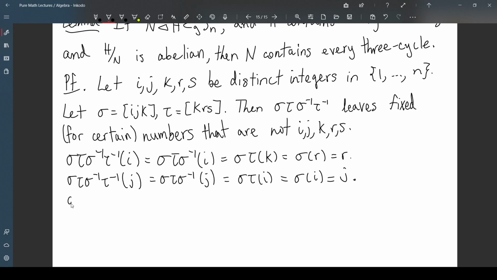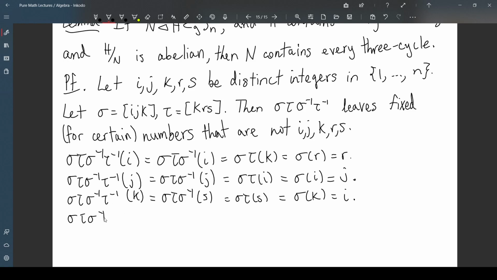Now let's look at k. Tau sends k to r, so the inverse sends k to s. So this is sigma tau, sigma inverse of s. Sigma leaves s fixed, so this is sigma tau of s. Tau maps s to k, and then sigma maps k to i. So this maps k to i.